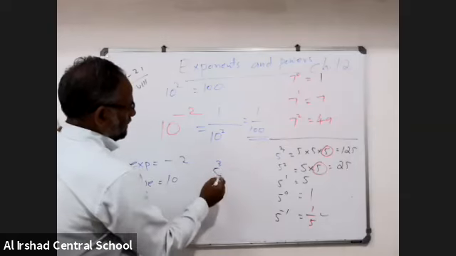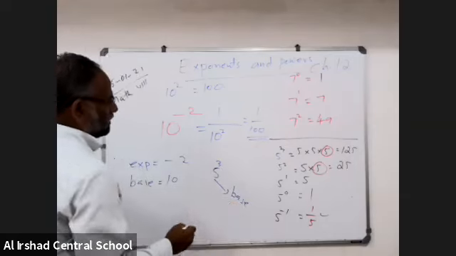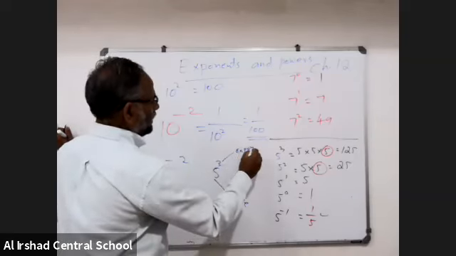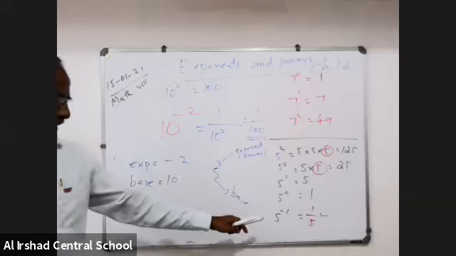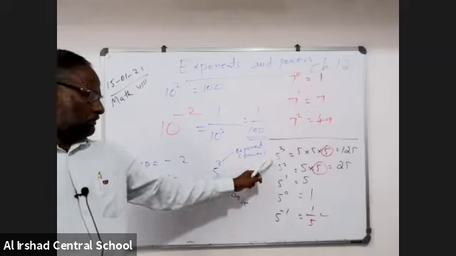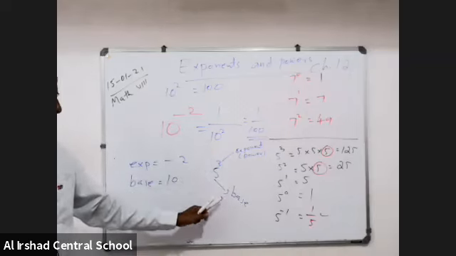This is the base of the building, and 3 is the exponent or power notation. Mark it. 5 cube: 3 is the exponent and 5 is the base.